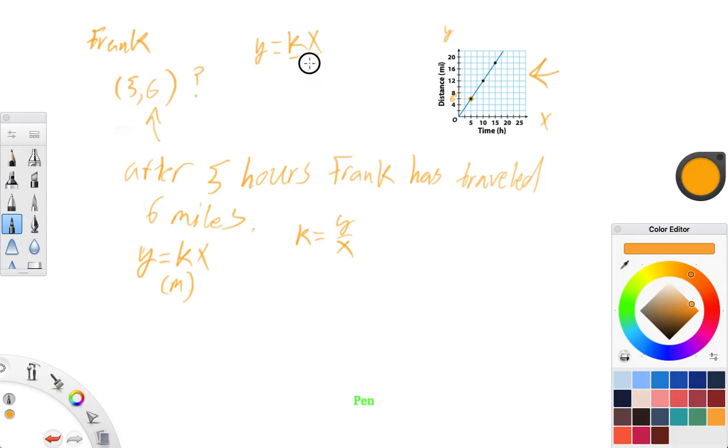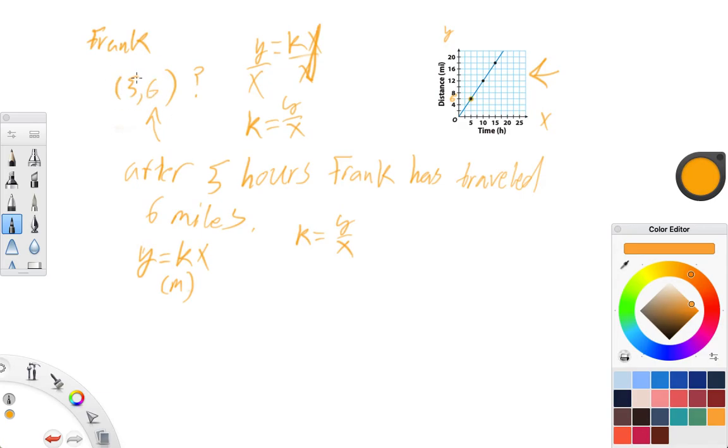We're going to divide both sides by x, and that gives us k equals y over x, because the x's cancel out. What that means is we can take any y value that's on this line, divide it by the x value that corresponds to it, and that will give us our constant of proportionality, or our slope, which would be m.